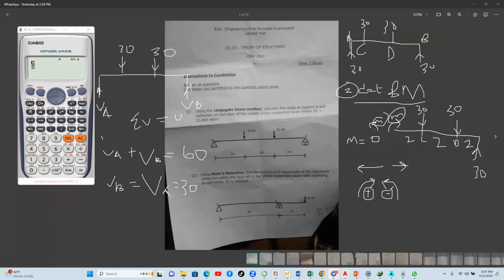Is it okay? Very good. So if this is the positive moment, then my M is in that direction. So my M is positive. Do you see that?